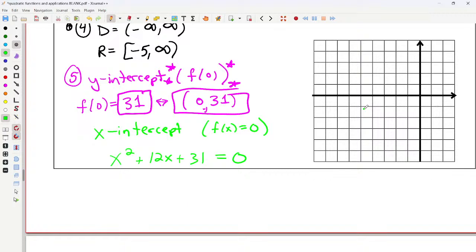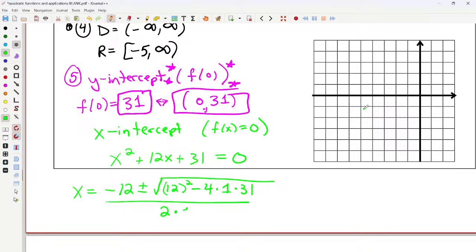We could try factoring. What are the factor pairs of 31 that add to the middle? 1 and 31, and that's it. So since it does not factor, use the quadratic formula. I already showed.